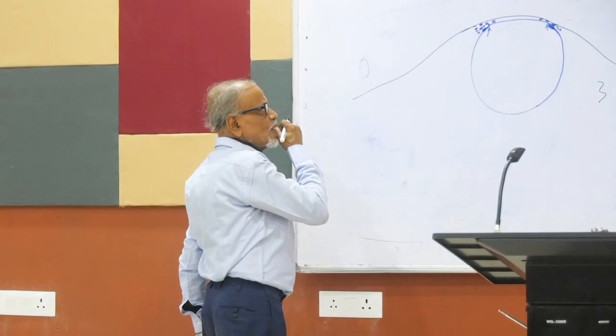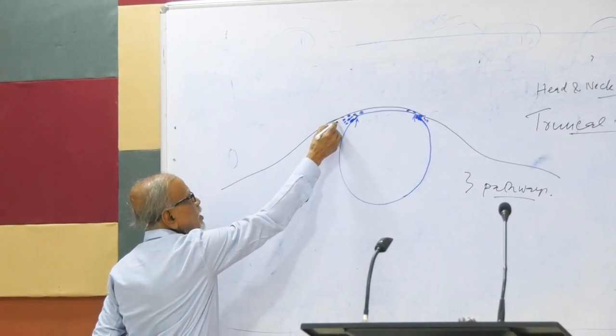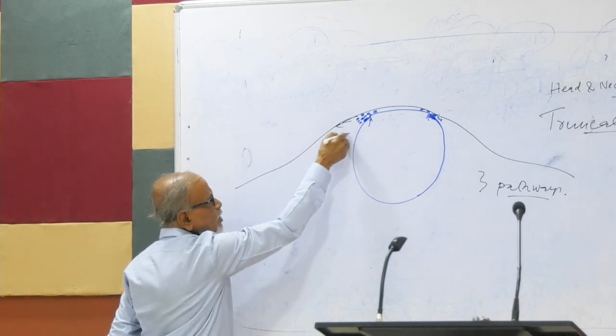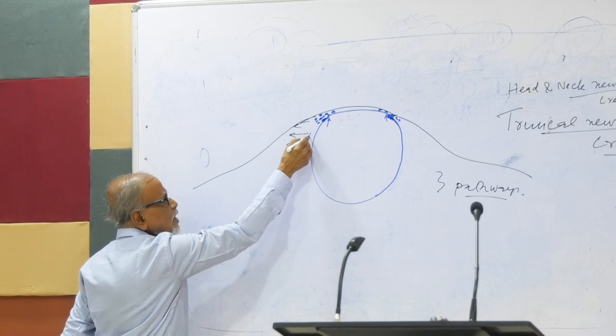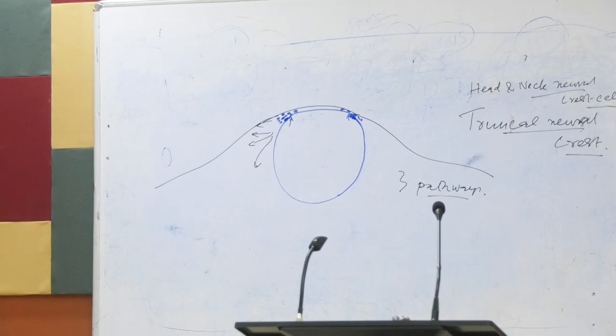There will be a pathway like this, a pathway from right here, going dorsally. One pathway is dorsolateral like this, and another pathway will be ventral.